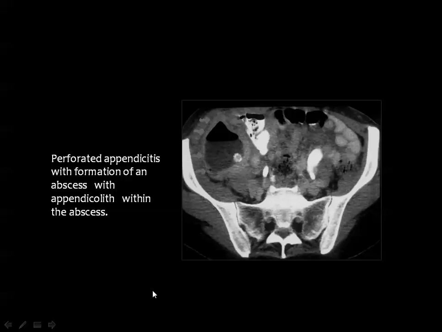Sometimes there is perforation of the appendix leading to the formation of an abscess in the appendicular area or in the right iliac fossa. And in this abscess, you can see the appendicolith, which was the cause of obstruction of the appendix and later on perforation. Then you are sure that this abscess is of appendicular origin.